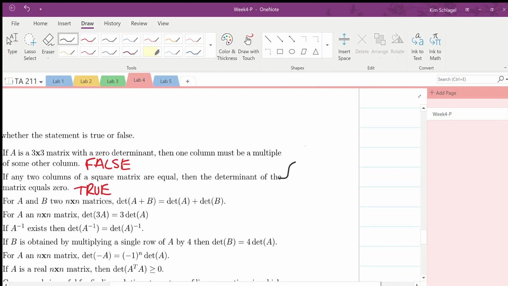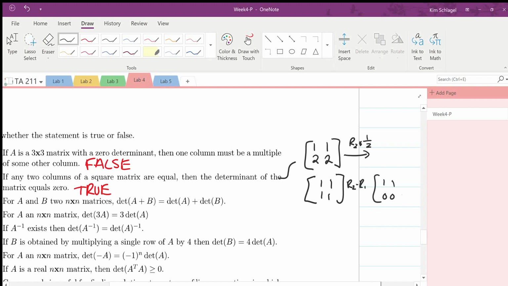So if we have a matrix of this kind of form here, where 2 of the columns are equal to each other, well, we can always do row operations here. So row 2, let's do row 2 times 1 over 2, and we get 1, 1, 1, 1, and then we do row 2 minus row 1, and so we get it of this form.